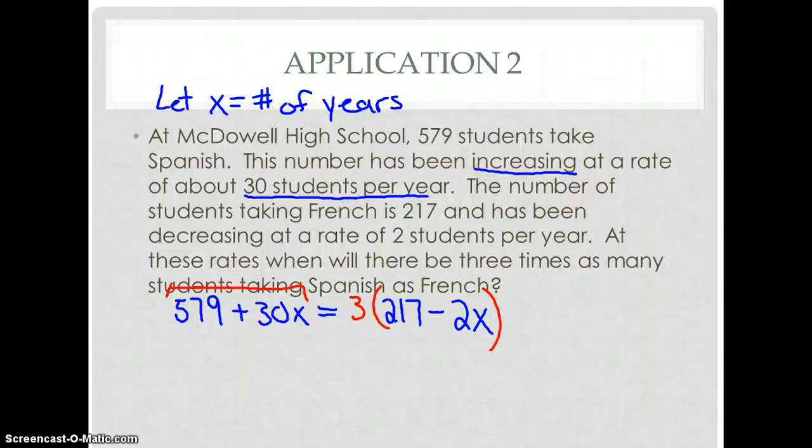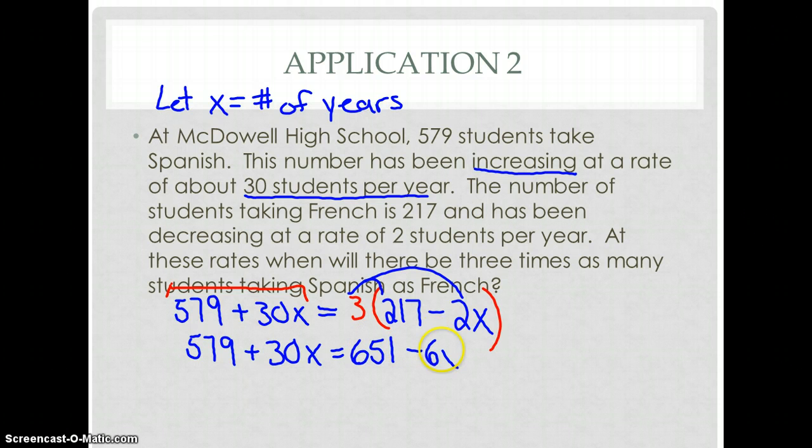And from here, it's an equation that we can solve. 579 plus 30x. And now we distribute the 3 over here. 3 times 217 will give us 651 minus 6x.